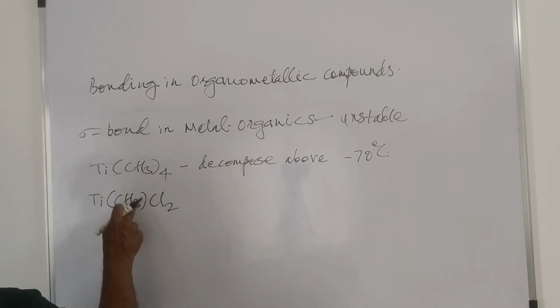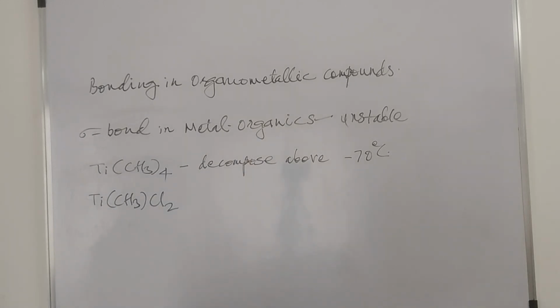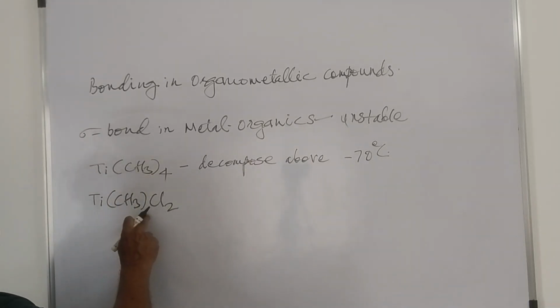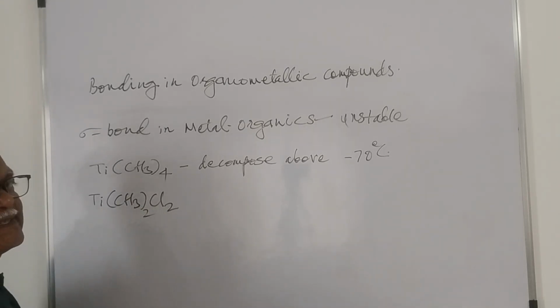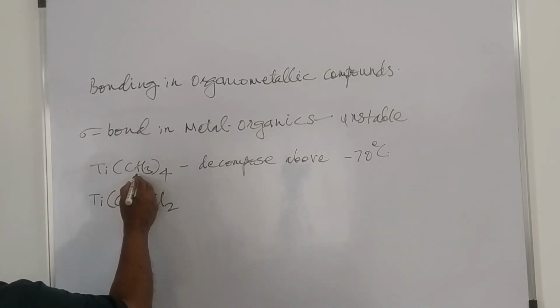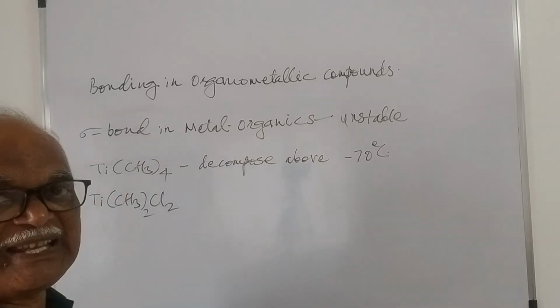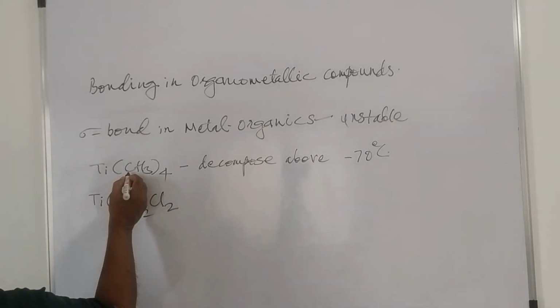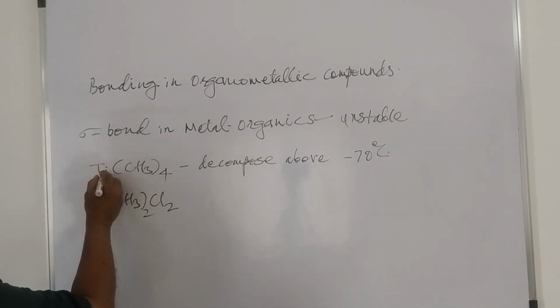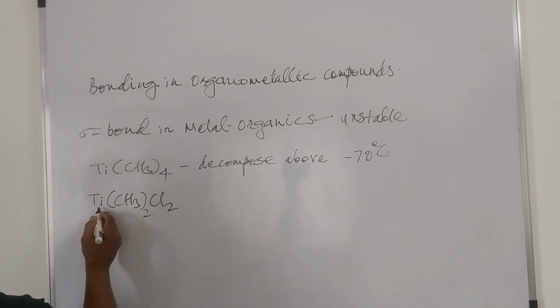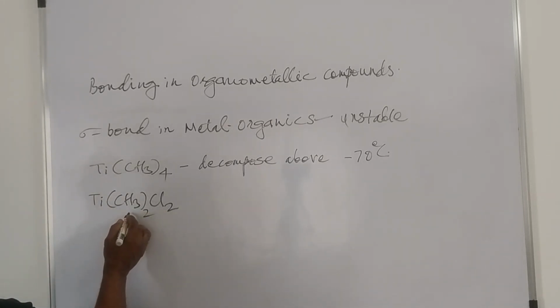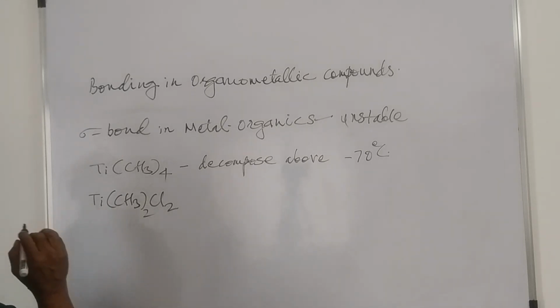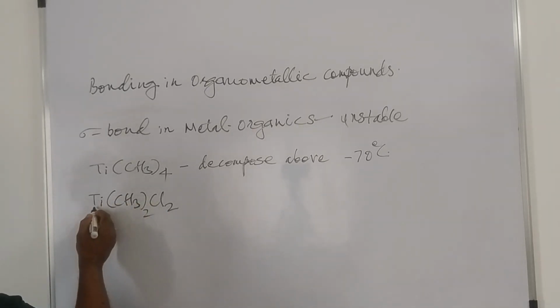If we take another example, Ti(CH3)2Cl2, the difference is that two of the methyl groups are replaced by Cl. The methyl group is electron donating, so in the Ti-C bond it will supply electrons to titanium. Here there are two methyl groups attached to this titanium, but two Cl are also attached.